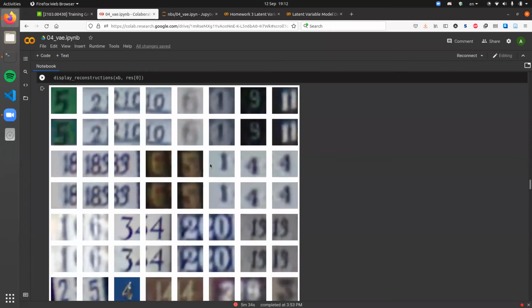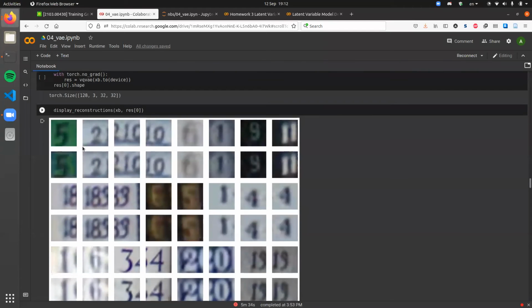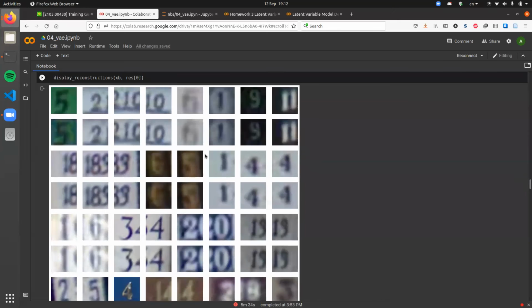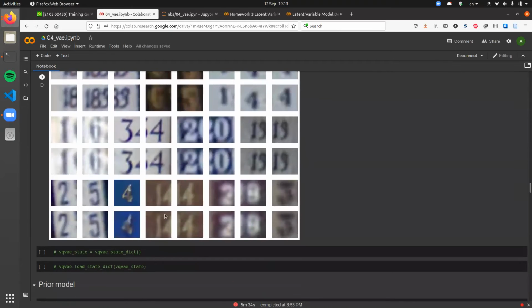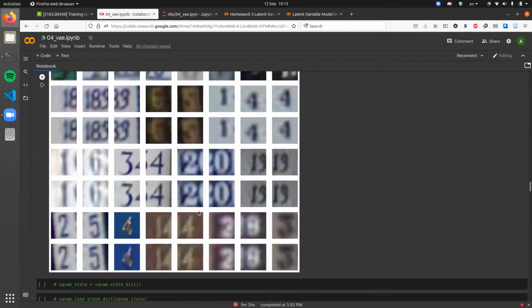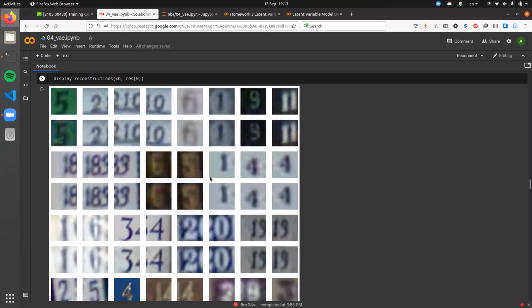I hope I have something stored here. Okay, so here you can see the reconstructions from VQ-VAE for this street numbers data set. And you can see that in most cases, the reconstructions are quite good. In some rare cases, you get it a bit worse, but most of the time reconstructions are really nice.